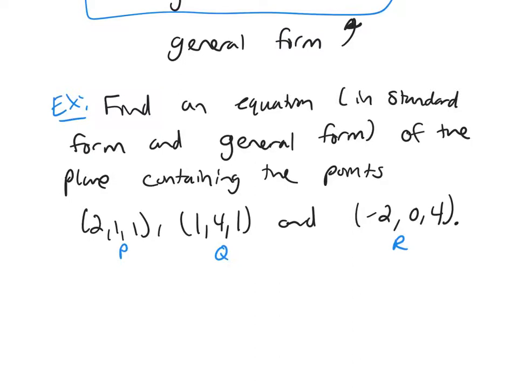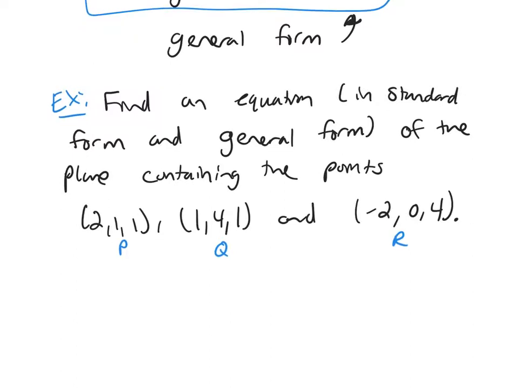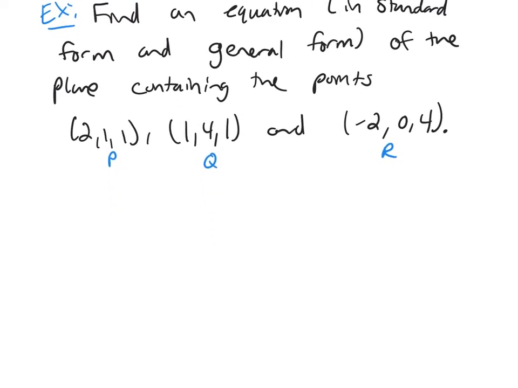So what do I need to write the equation of a plane? I need a point. Well, I have 3 of them, so I got a point, but I need a normal vector, a vector perpendicular to the plane. So what I'm going to do is take these points and make vectors from them. I'm going to make the vector PQ: 1 minus 2, 4 minus 1.